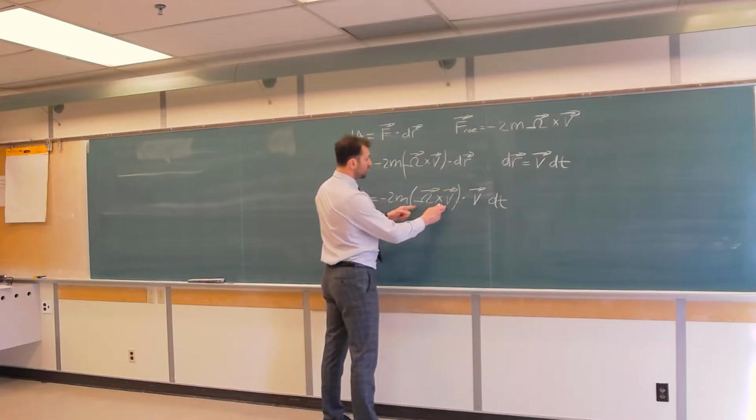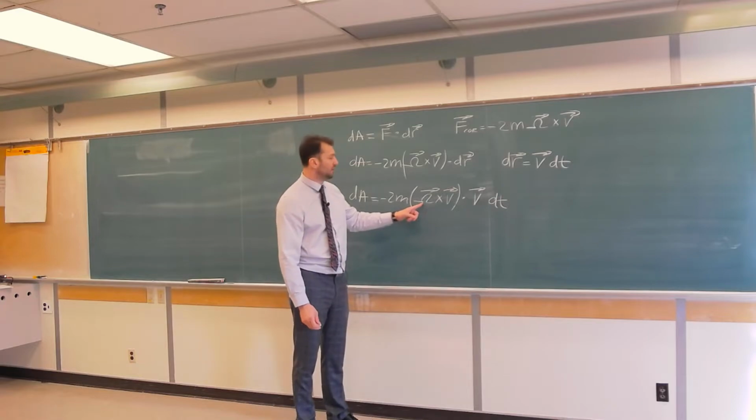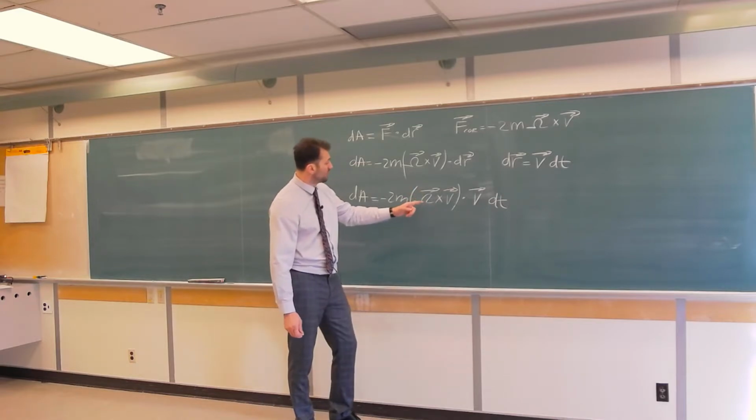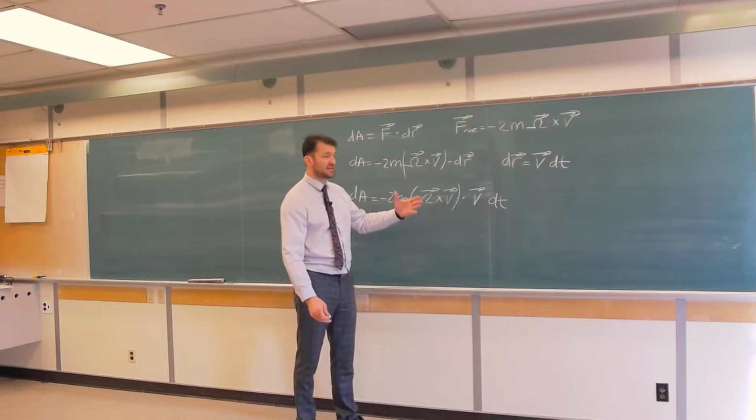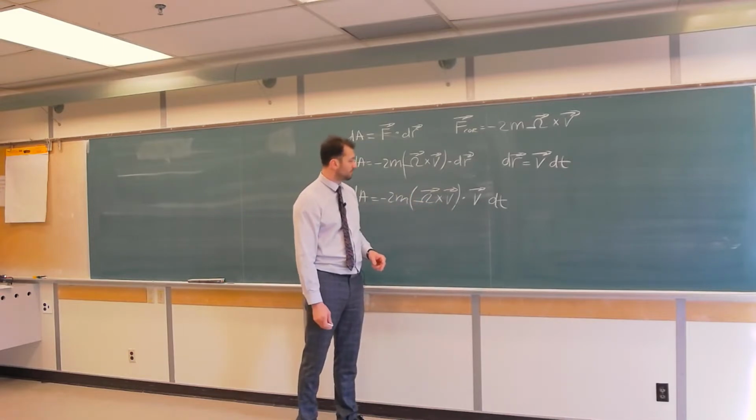This is a cross product between two vectors. And cross product gives us result that is a vector perpendicular to both of these vectors.